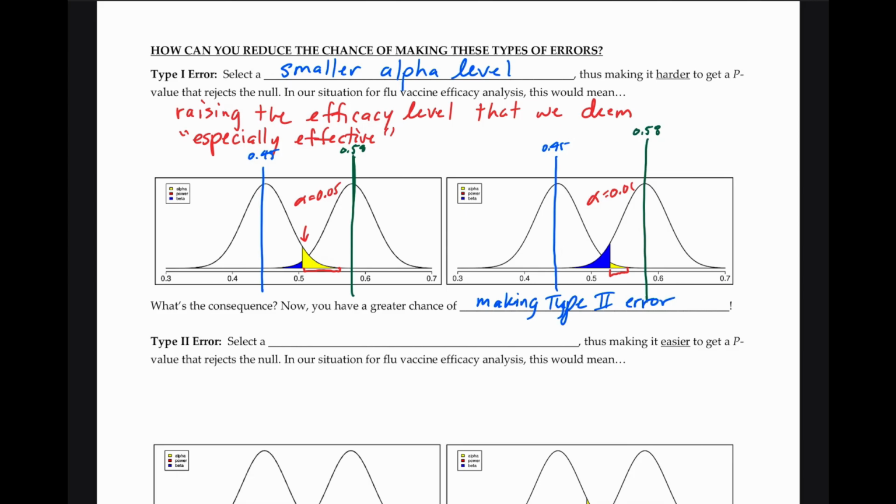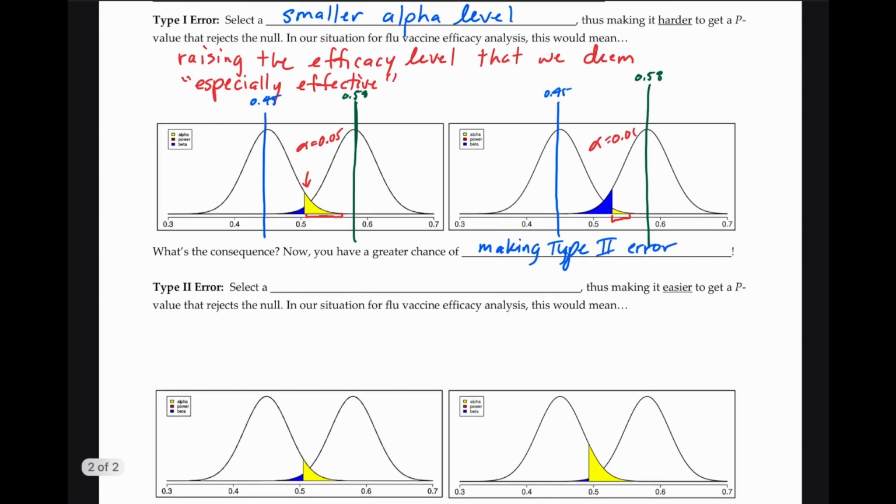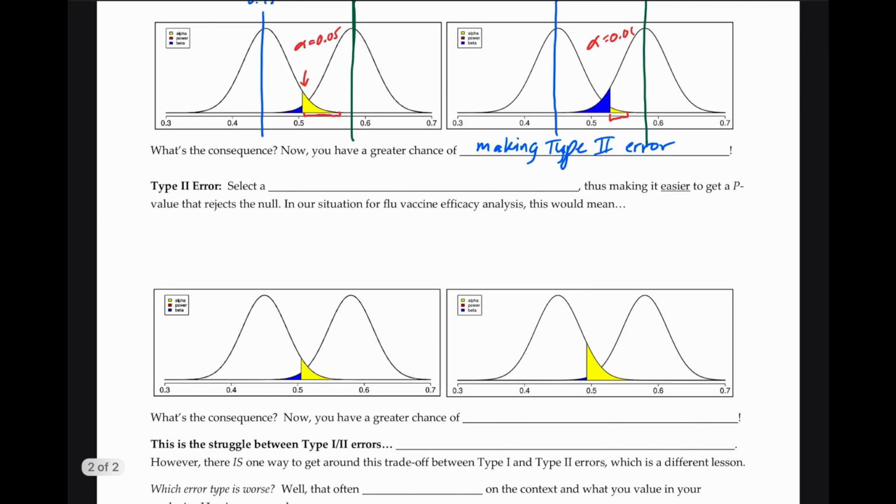Okay, so I think that helps us understand a little bit about how we might be able to avoid making a type 2 error. If shrinking the alpha level makes the chance of a type 2 go up, then selecting a larger alpha level will make the type 2 error shrink, okay?